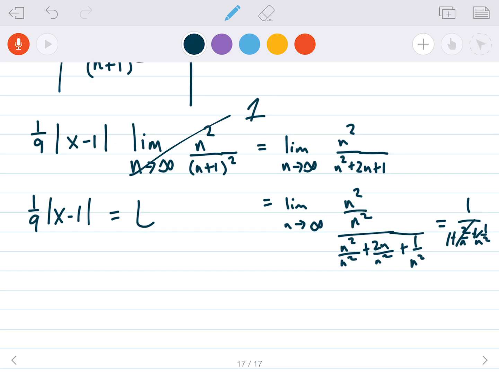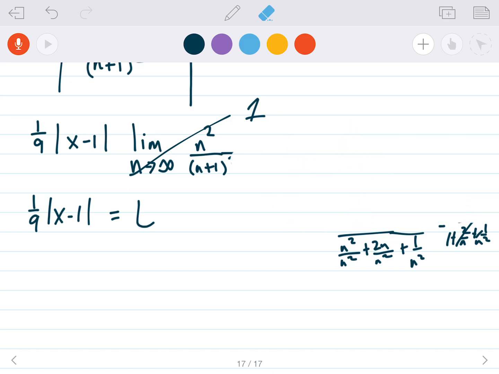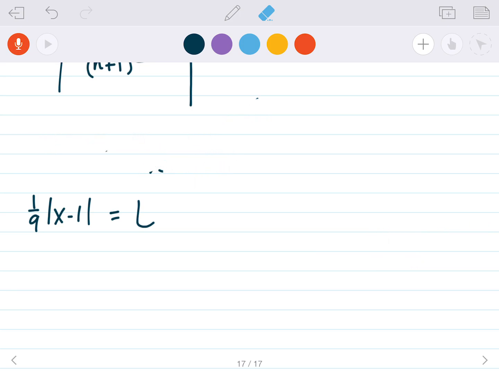Now, why are we going to end up checking the endpoints again? Well, how we would usually set this up to find convergence is we would say that a ninth of absolute value x minus 1 had better be less than 1. But if it equals 1, then we're going to get the endpoints. And remember, the equals 1 is the inconclusive case.